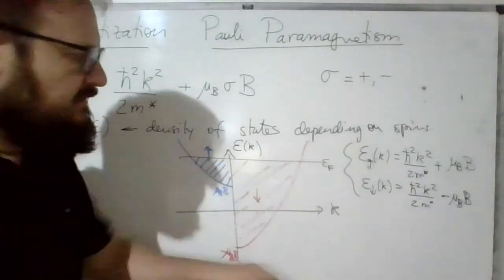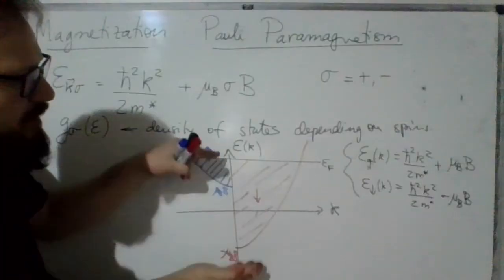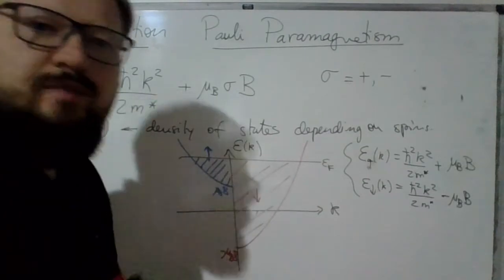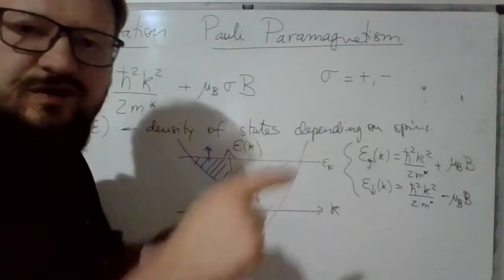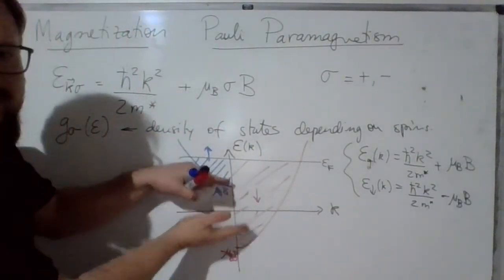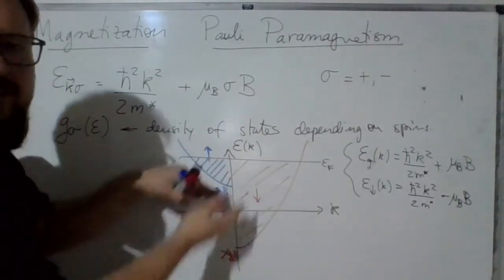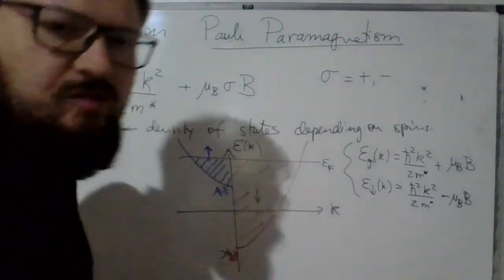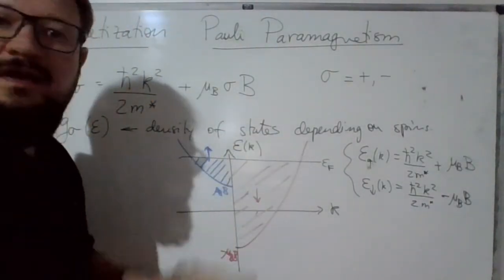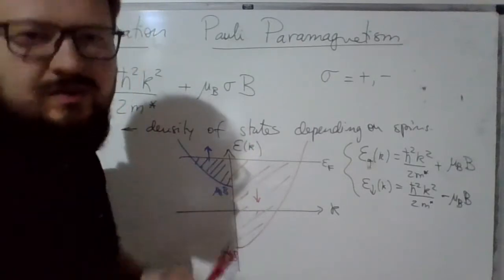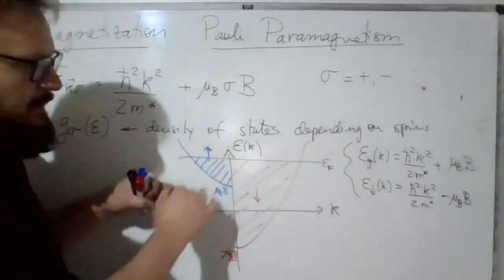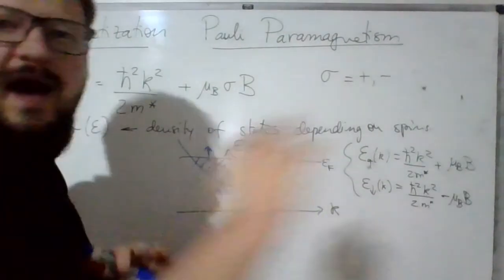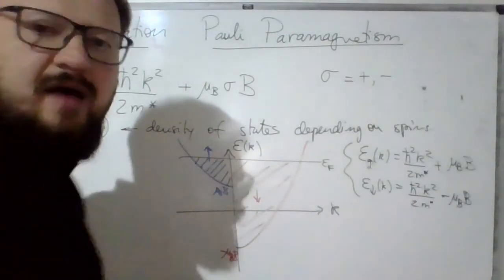If you remove the magnetic field, notice that the populations of up and down spins will be the same. But if you introduce a magnetic field, the two states are split and you cannot use anymore a single density of states for both spins. Only as an approximation you can do that, but for the sake of completeness, the density of states of the up spin is distinct from the down spin.